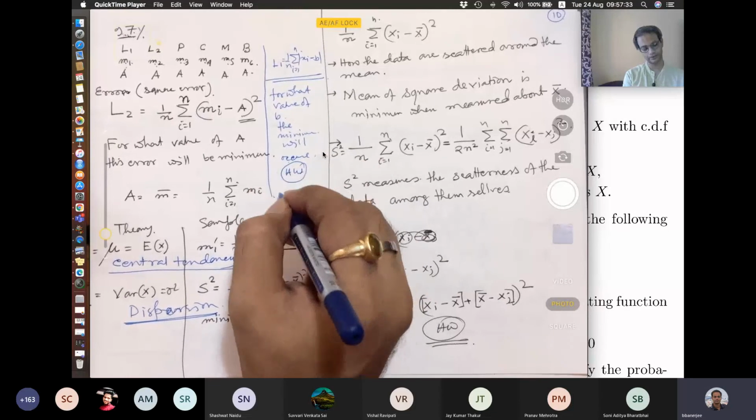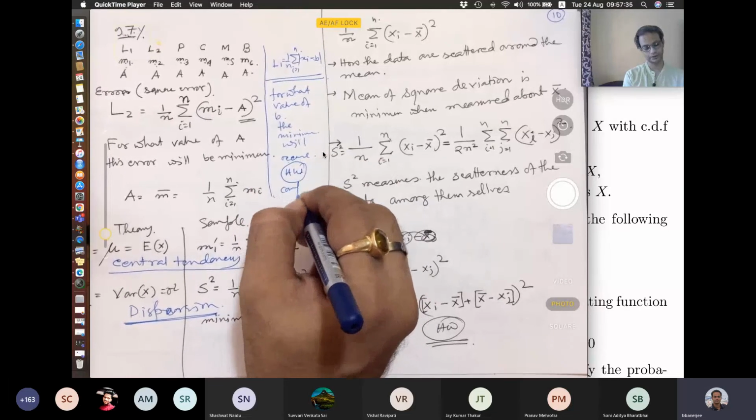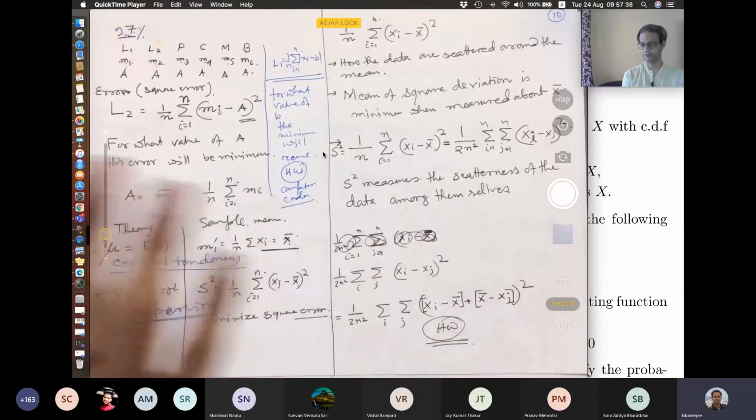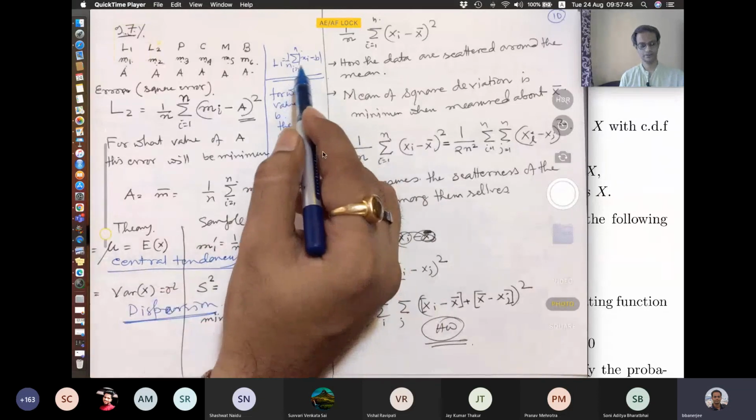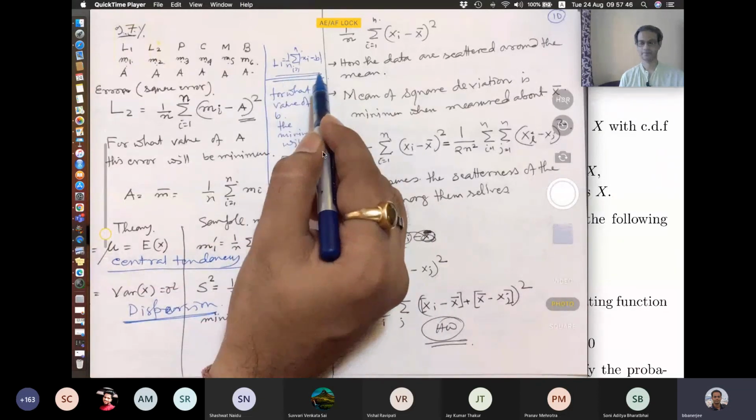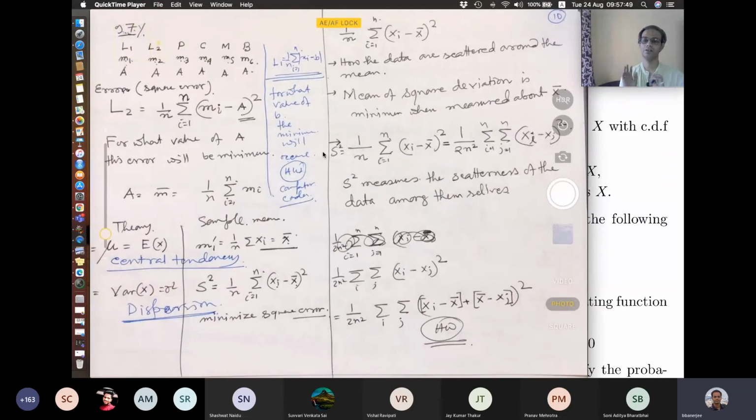I am asking you to write a computer code. Take some 5-10 numbers, find the solution, and tell me the next day what your observations are. Even if you cannot say the correct answer, it doesn't matter.